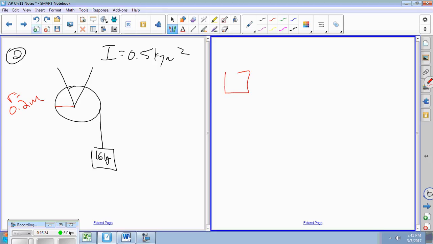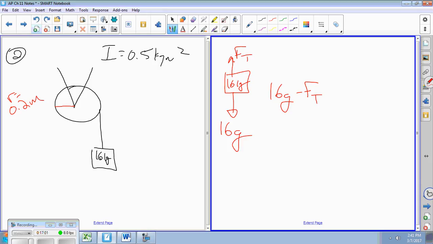If you look at the 16 kilogram block, what forces are acting on it, you guys? Gravity. So my gravity is just going to be 16 times g, right? Follow? And there's tension, Ft. So I can come up with an equation using this and acceleration, because my net force should be 16g minus Ft.